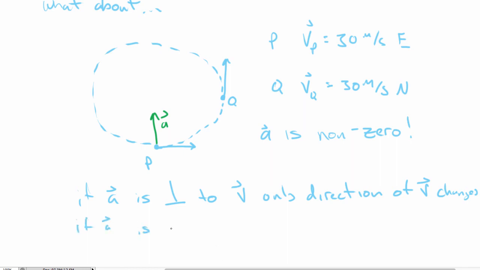For completeness, if A is parallel to V, only the speed changes, or the magnitude of the velocity changes. Okay? That only leaves the possibility that A is neither perpendicular nor parallel. That means they both change. All right? So if A is somewhere in between, then the speed and the direction have to change.